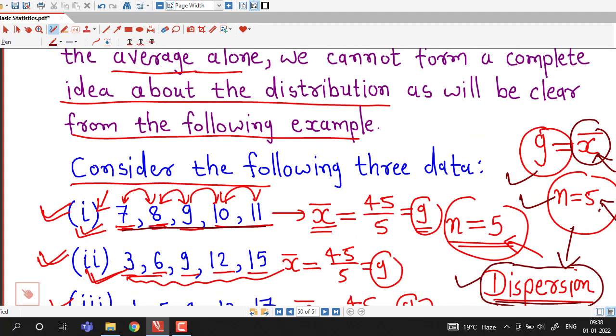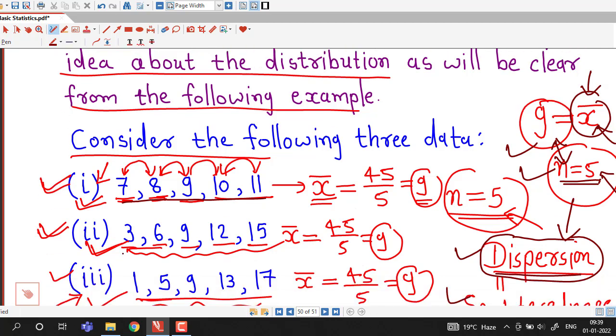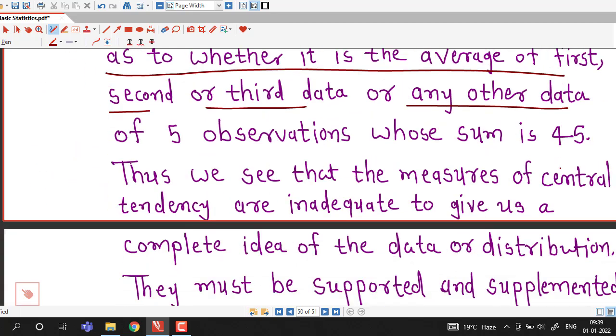That means if some data has mean 9 and the number of observations is 5, this information is not enough. We cannot say that the data will be data number 1, 2, 3 or any other data. There might be several data sets with the same mean and the same number of observations.